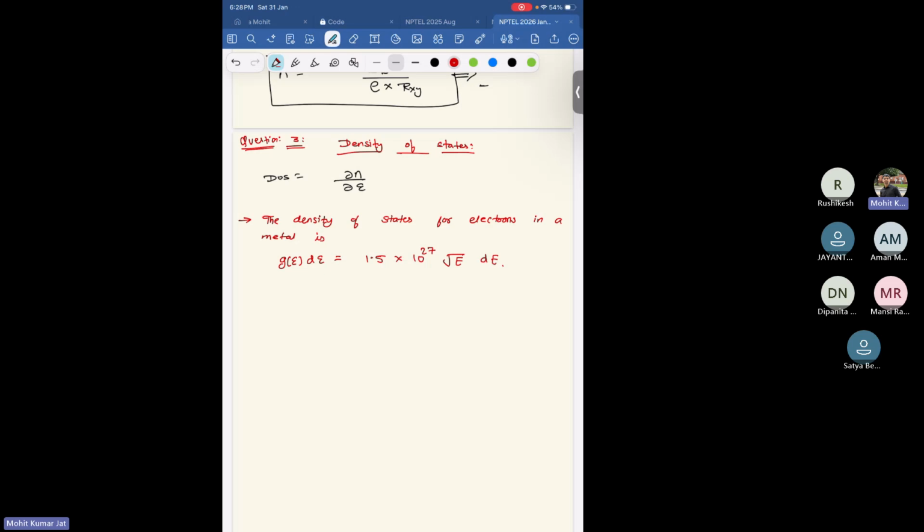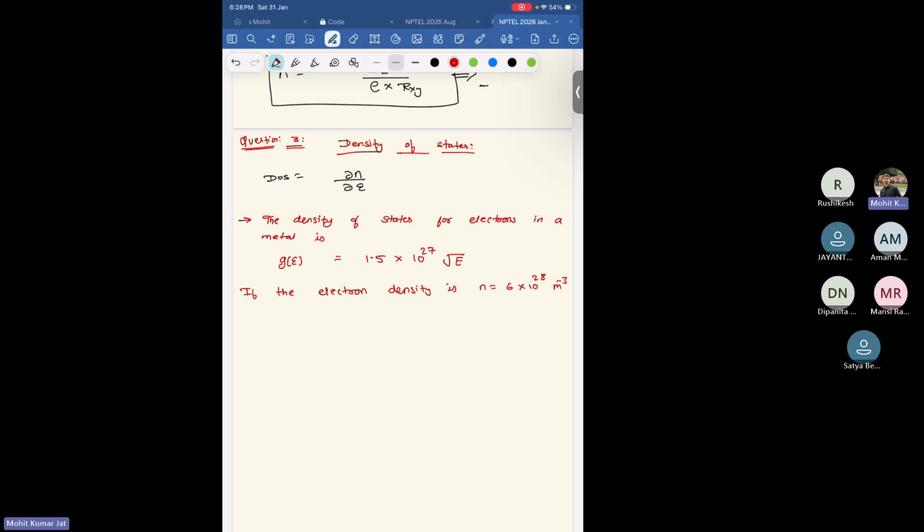Actually, density of states is g(E), yes, this is the density of states. Then, if the electron density is also given, n is equal to 6 times 10 power 28 per meter cube.